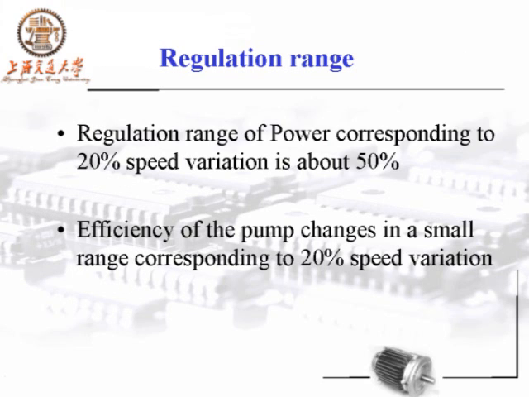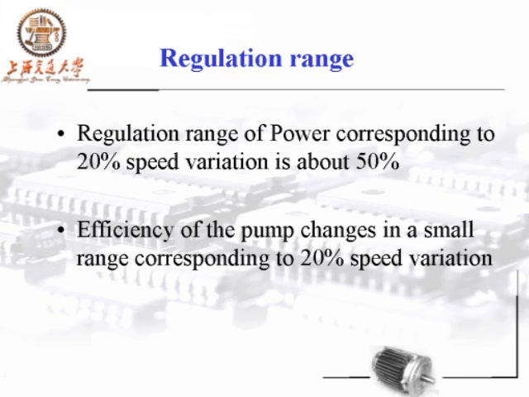So according to the analysis above, the regulation range of the power corresponding to 20% speed variation is about 50%.